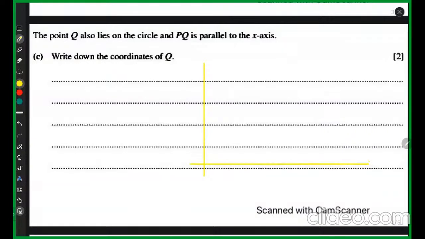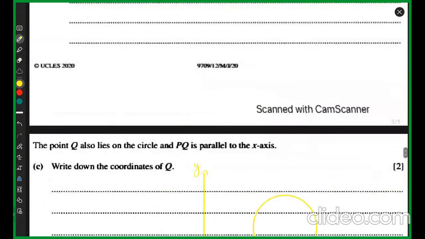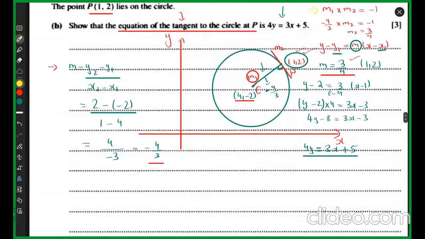This is the x-axis. And I'm just going to make a circle roughly, regardless of the center coordinates and the radius. I'm not interested in that. The only thing I know is that P has coordinates (1, 2). So x is 1 and y is 2.